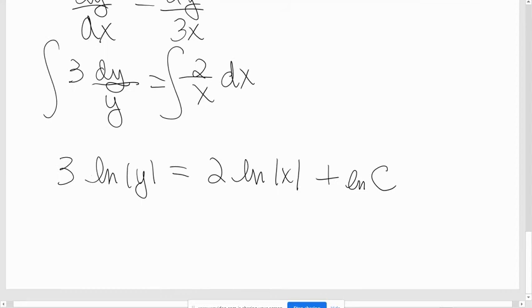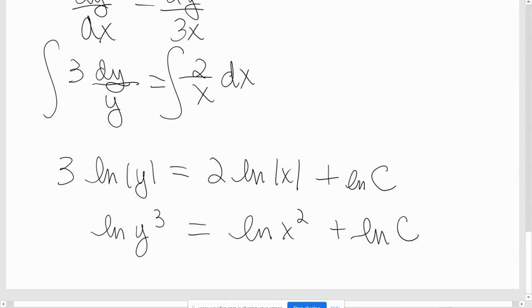So this would become the natural log of the absolute value of y, but we can assume these are positive numbers, otherwise I couldn't be doing this. So this becomes the natural log of y cubed, equals the natural log of x squared plus the natural log of c.